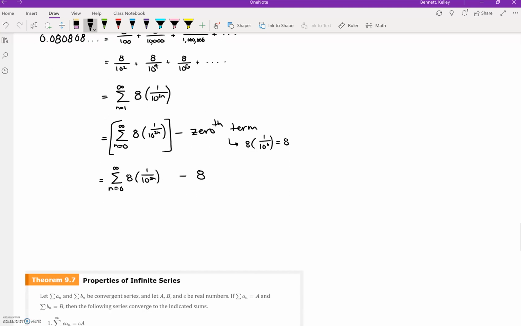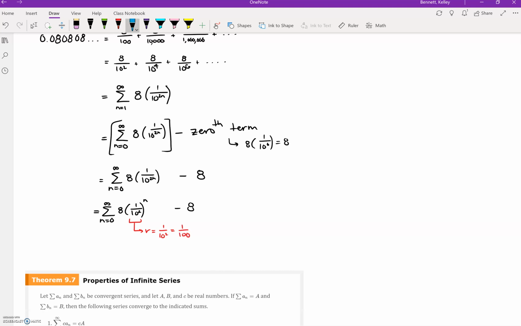The other thing that's worth noting is that I have to rewrite this a little bit: 8 times 1 over 10 squared to the n. So now I have it in the form that I need. So here we have that r equals 1 over 10 squared, or you could say it's 1 over 100.